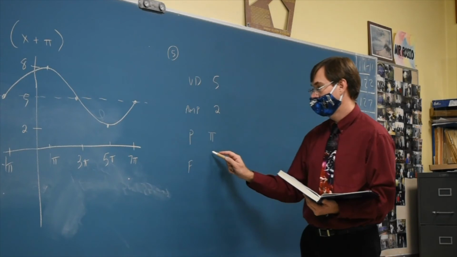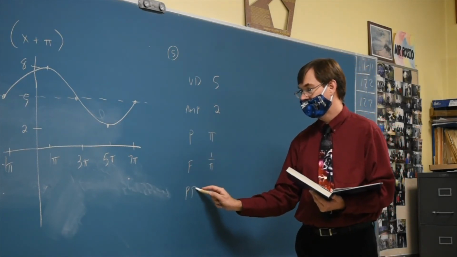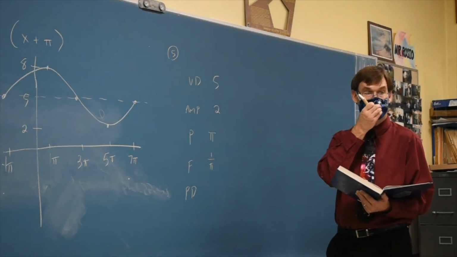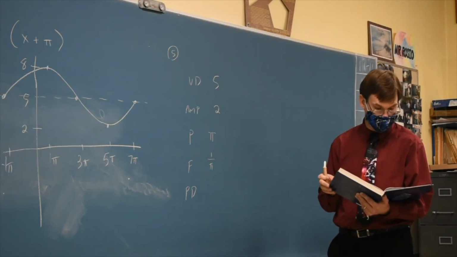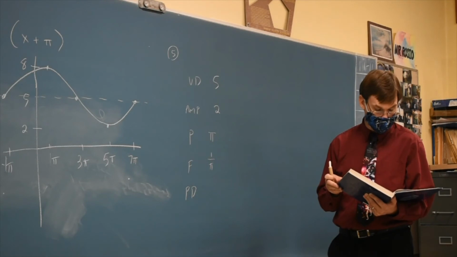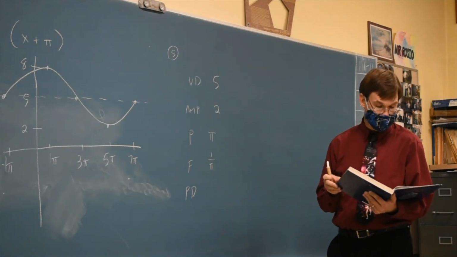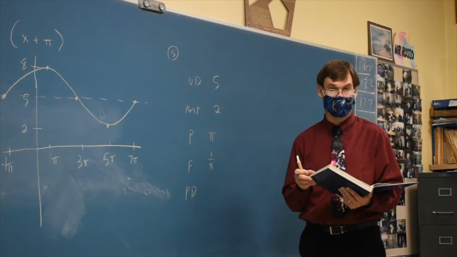So frequency, 1 over pi. And then the phase displacement, you literally could pick any number depending on how flexible you're willing to be about flipping or not flipping. Is it easier to find a sine number or a cosine number for this one? Cosine. Because for sine, you'd have to be in the middles, and you don't have any of the middle touch points labeled.